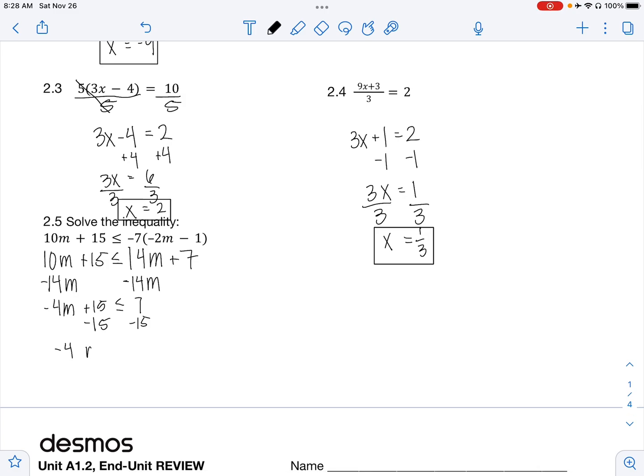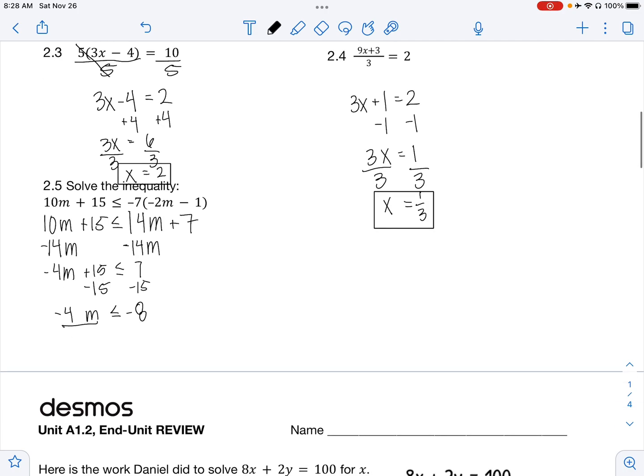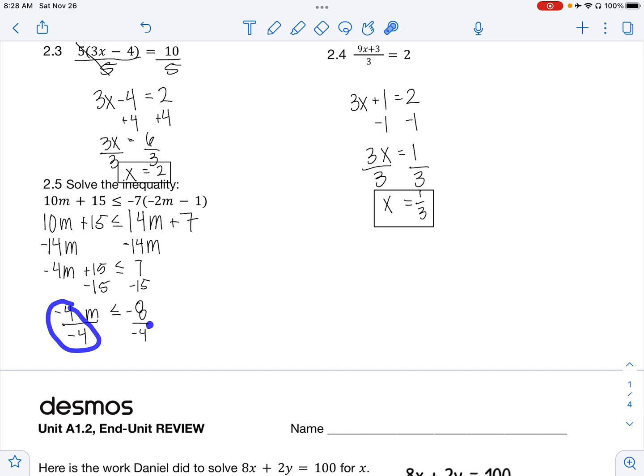So negative 4m is less than or equal to negative 8. And here I'm going to divide by negative 4, but since I'm dividing on each side by a negative number, I have to flip the sign. So that's going to give me m is greater than or equal to, and negative 8 divided by negative 4 is positive 2.